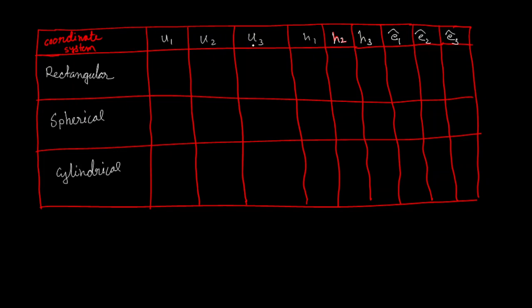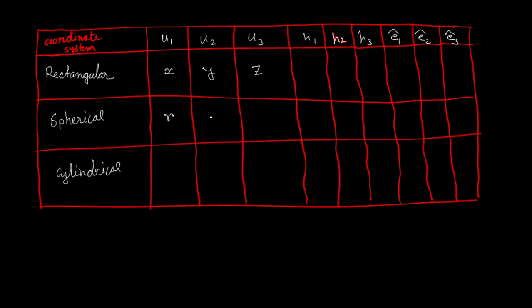These are the variables associated with each coordinate system. So in rectangular coordinate system, variables are x, y, and z. So in this case, we'll write x, y, z. In spherical polar coordinate system, distance from the center that we have defined as r.